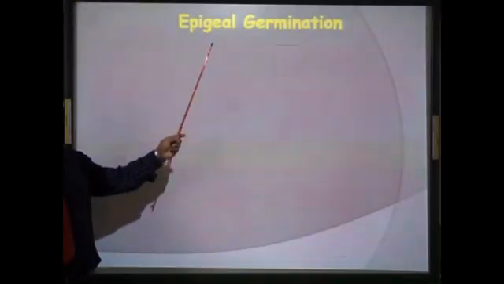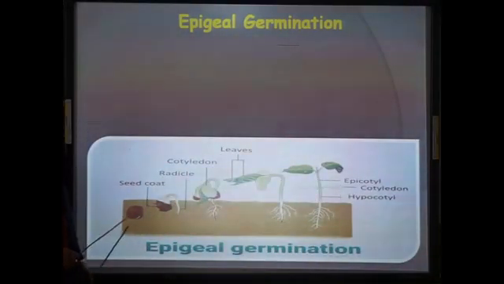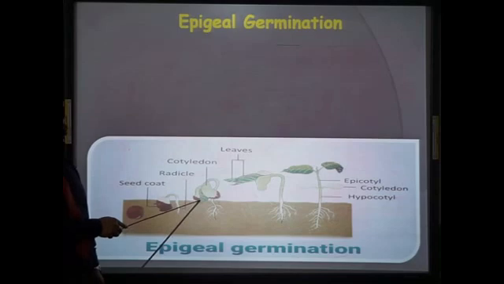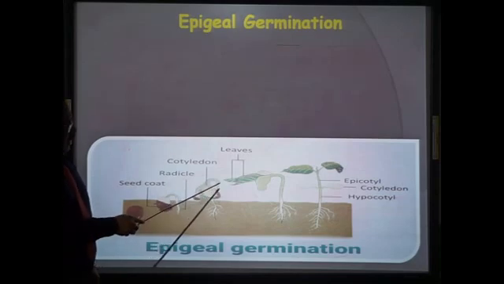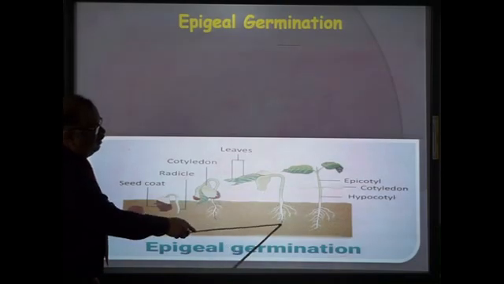The first one is epigeal germination. Now look at this. This is the seed, and you can see the seed coat is coming out of it, it's splitting. And here the radicle starts growing downwards. So what happens is, these cotyledons are pushed above the ground, above the soil, and you can see it is growing above and the radicle is growing down.